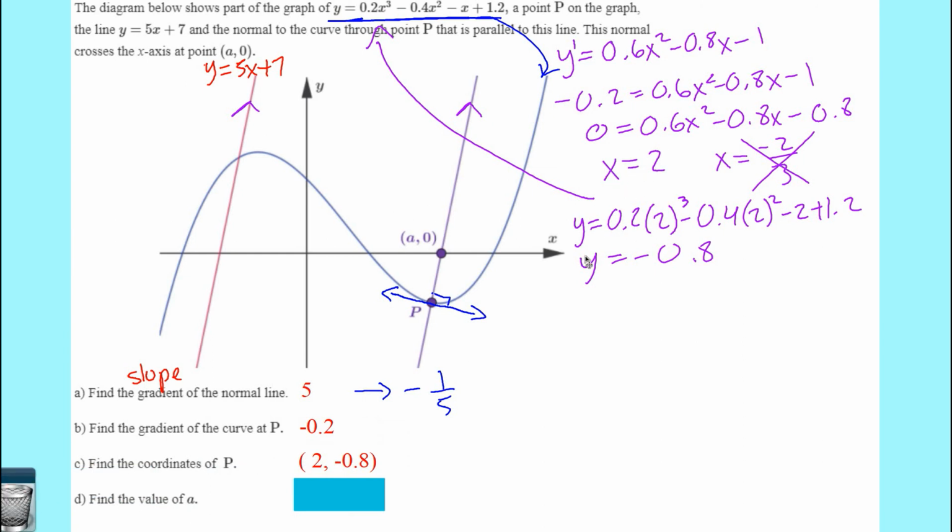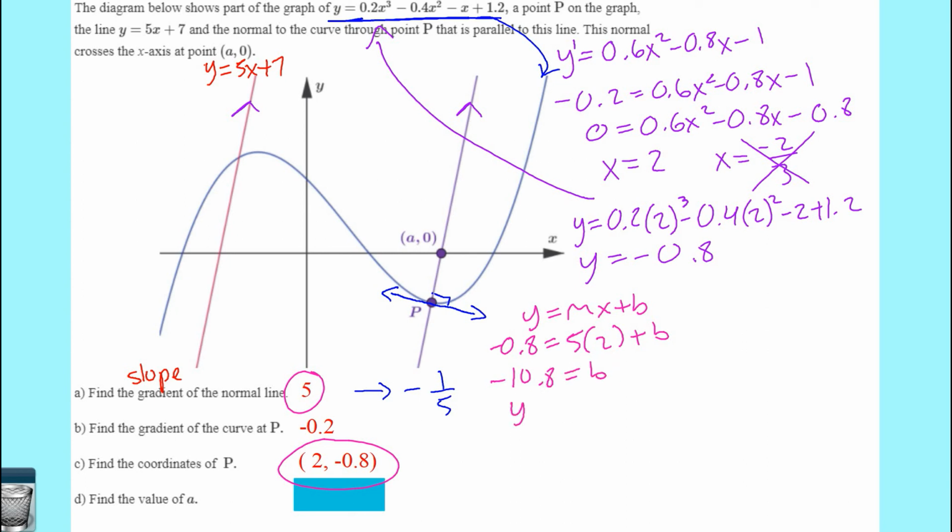All right, so for the last question, we have find the value of a. That goes through our normal line, which has a slope of 5, and goes through point P. So we can use y equals mx plus b again, for a different problem, of course. So here we've got negative 0.8, 5, 2, b, so 10. So we get negative 10.8.